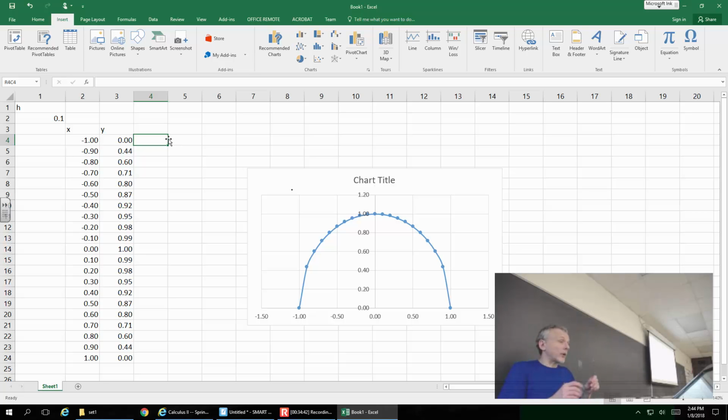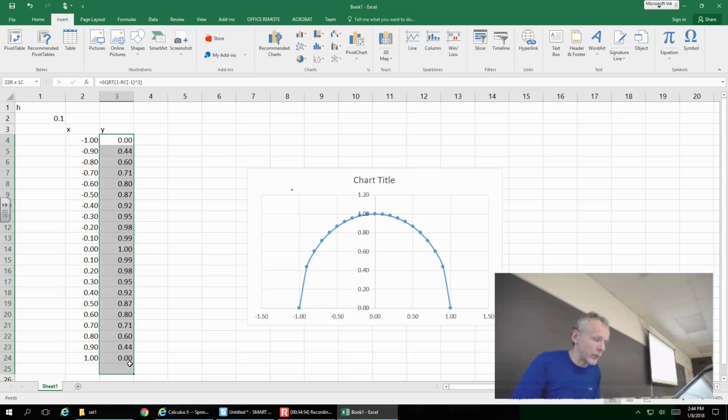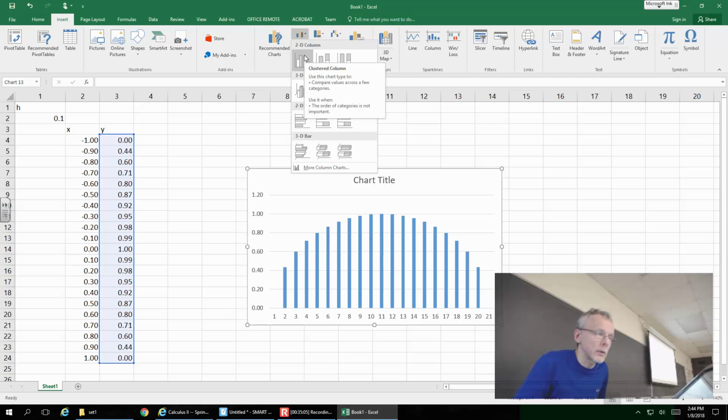In each row, we will have the area of the rectangle. Actually, let me do rectangles for you. So this is the curve, but there's another way to do it, and we could simply insert the bars.